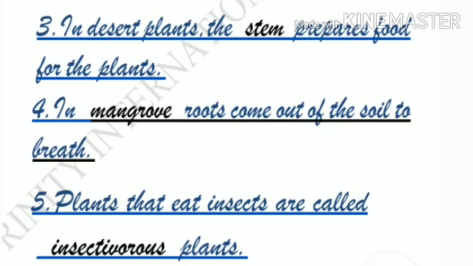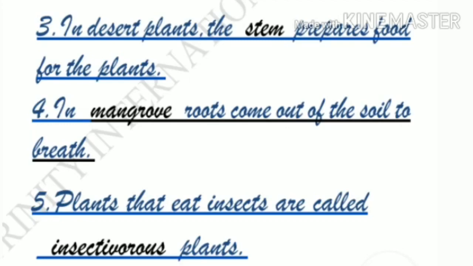4. In dash, roots come out of the soil to breathe. Answer: mangroves. In mangroves, roots come out of the soil to breathe. 5.